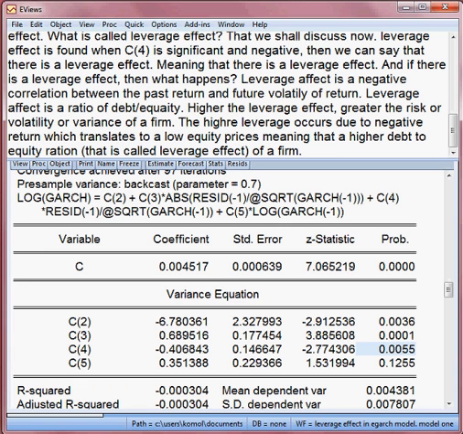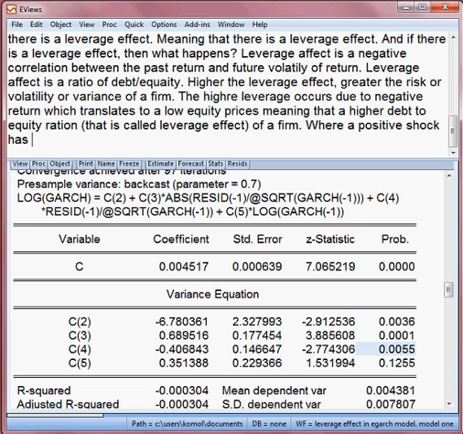It means that where a positive shock has less effect on the conditional variance.